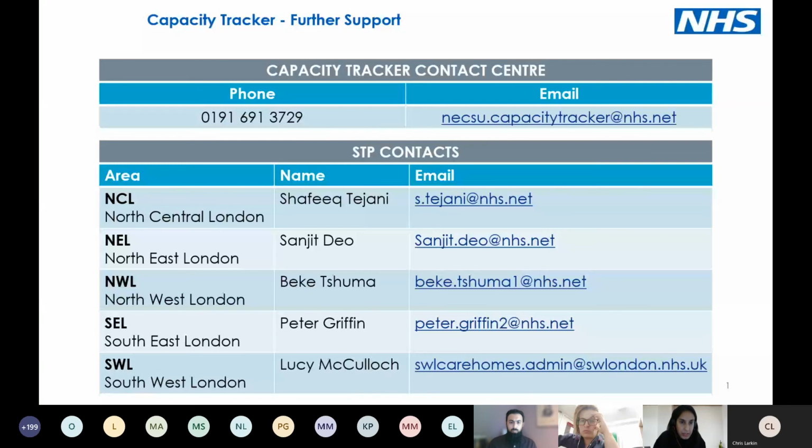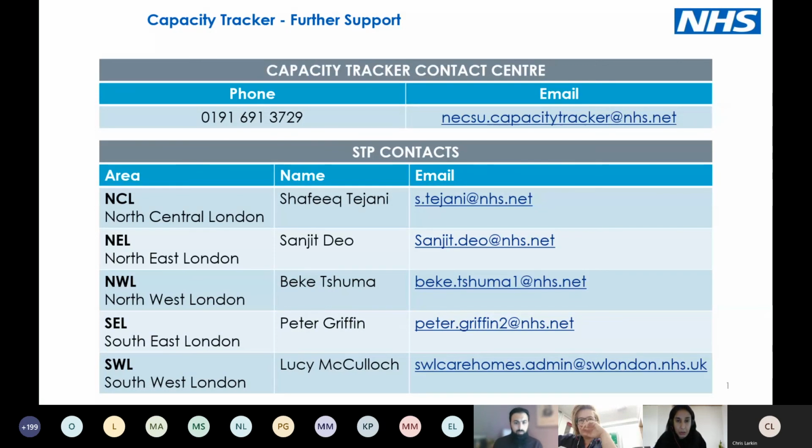I think Chris has kindly put up a slide with your STP lead contacts. Obviously, these are the STP leads. There are 5 STPs in London, but you will have your local system champions who should be able to respond to you if you have any queries in the first instance.